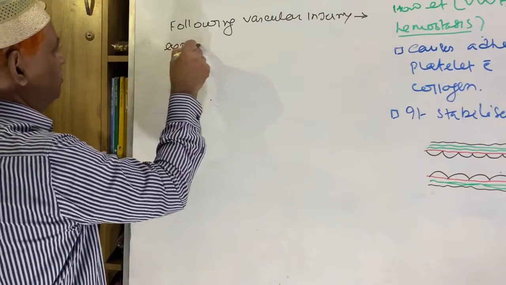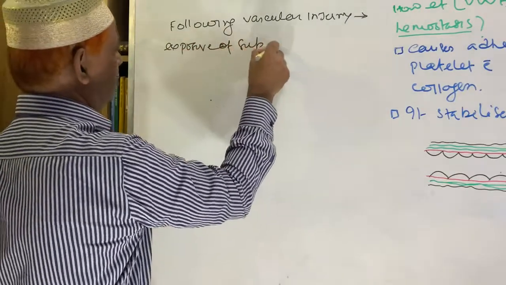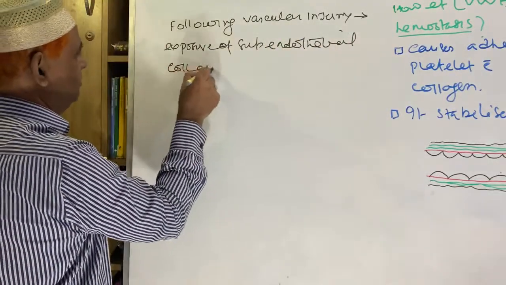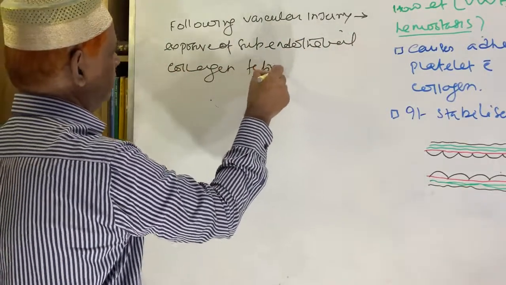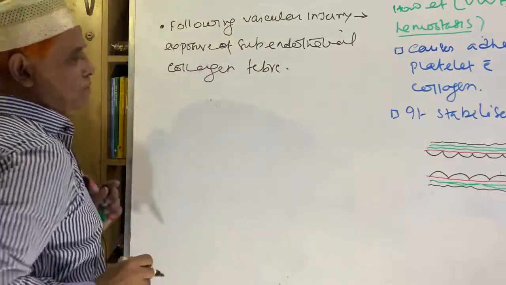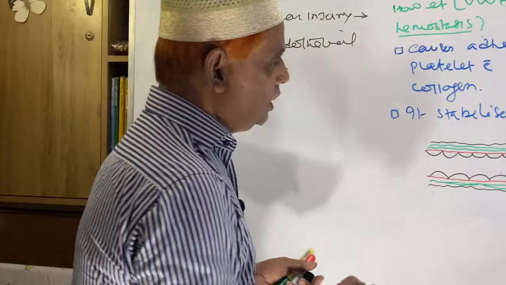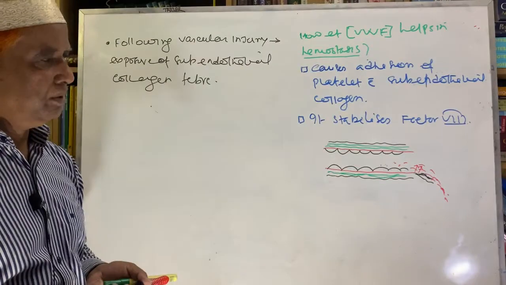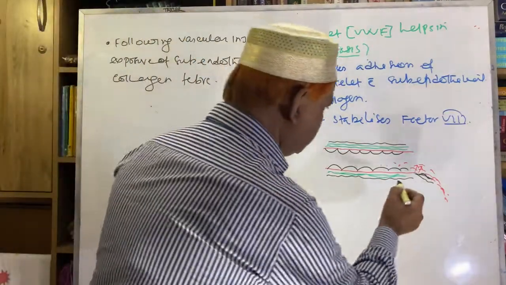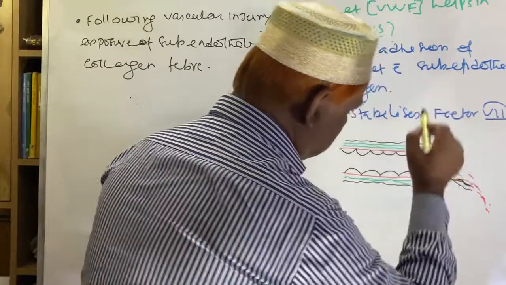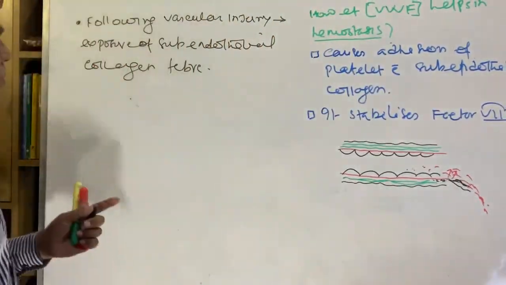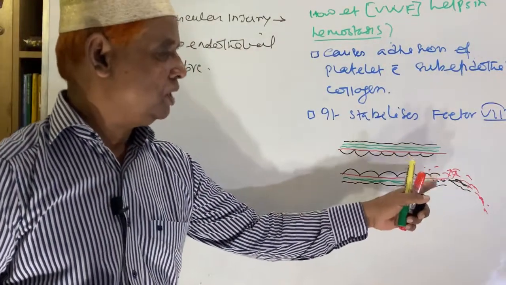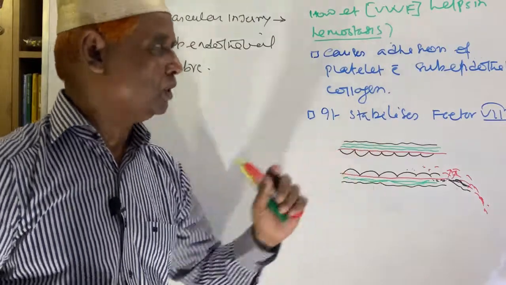And as there is injury to the endothelium, there is release of von Willebrand factor. And you also know in the subendothelial space there is also von Willebrand factor. Following injury, there is exposure of von Willebrand factor and release of von Willebrand factor from the endothelium also.